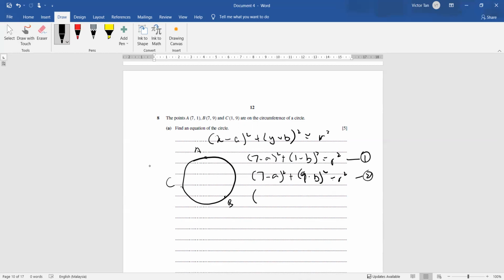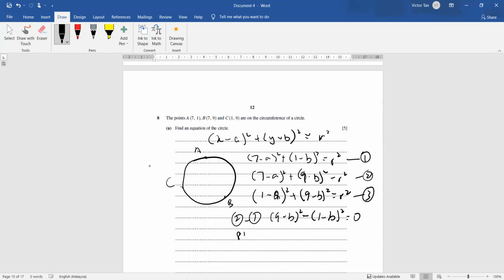Now, if you notice, they've given 2 points where the x coordinate is the same, and 2 points where the y coordinate is the same. There's a reason why. It's because you can eliminate. So if you take equation 2 minus equation 1, you eliminate the a and the r. So you have 9 minus b squared minus 1 minus b squared equals 0.